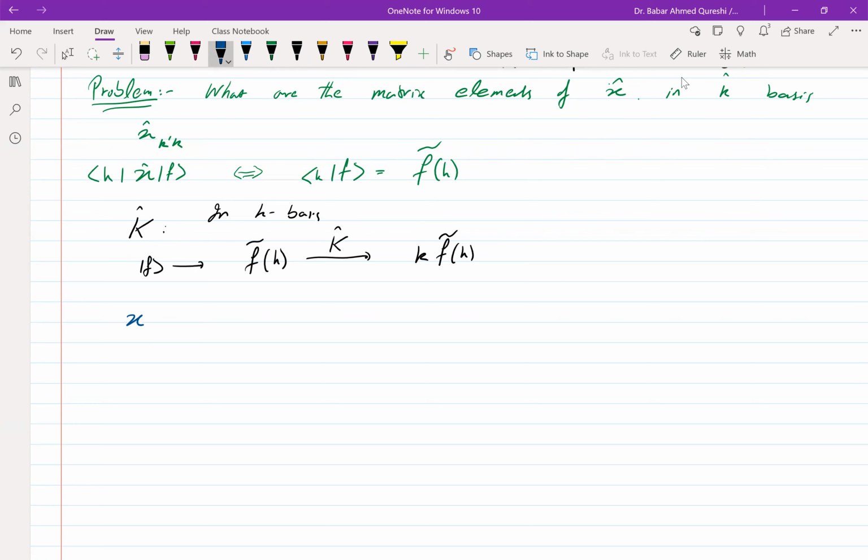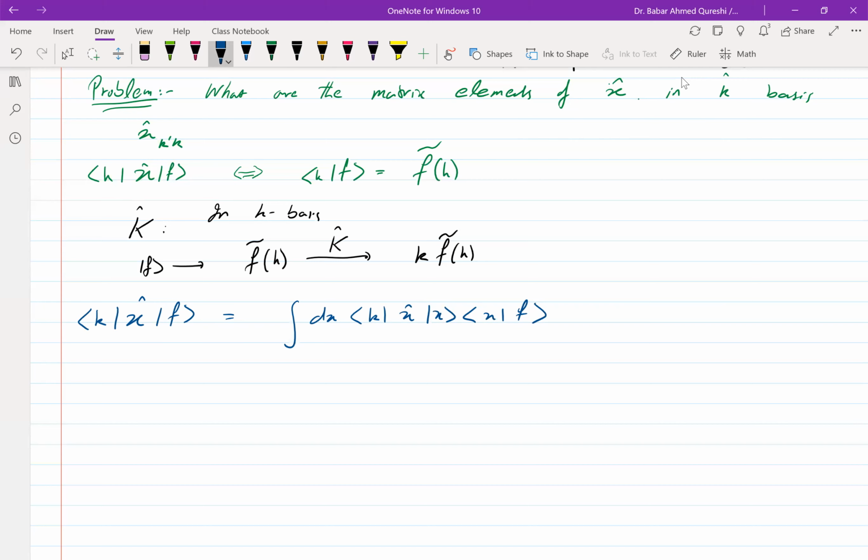So I can start like this. I project it to k basis to see how this vector looks like in the k basis. And over here, I can insert identity in the position basis, because I want to pick out the action of x hat, which I know how it acts on the position basis.